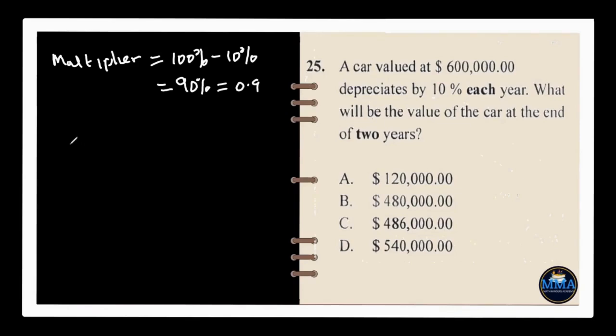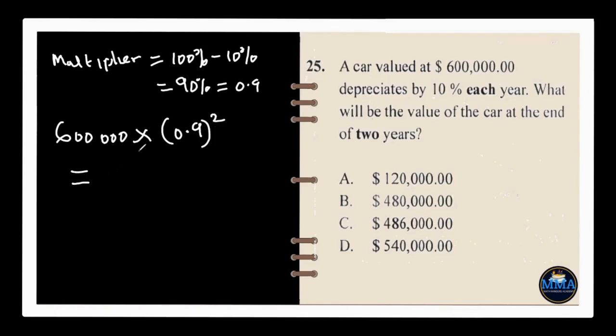That's my multiplier. So I'm going to decrease this 600,000 by this multiplier 0.9 within a period of 2 years.